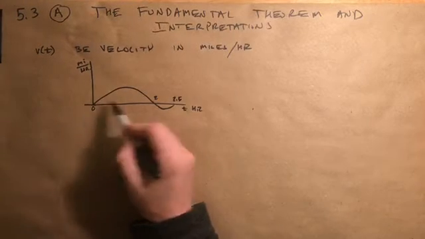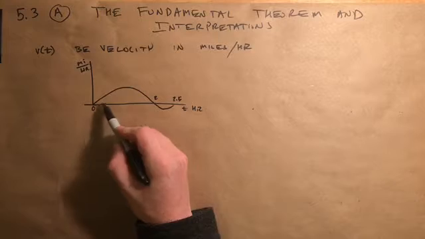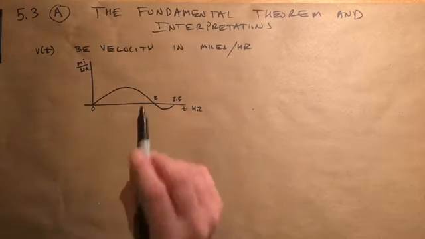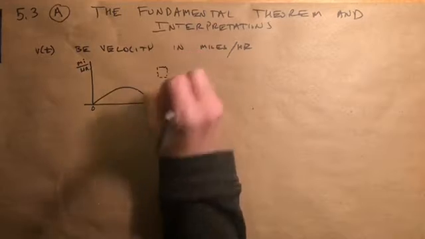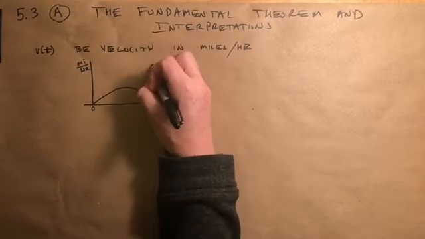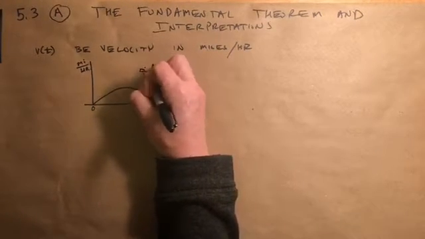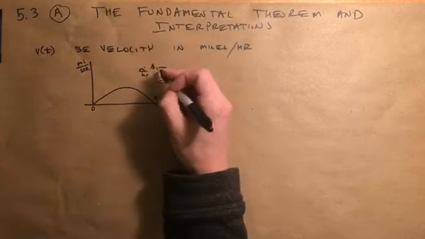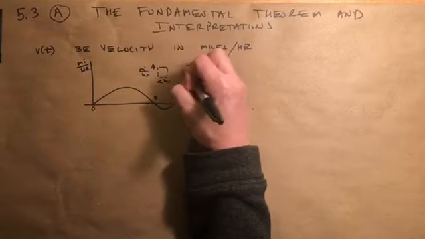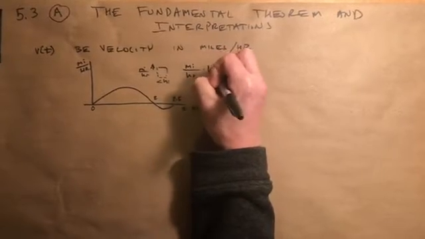Now, from 0 to 2, all of this area here, and I just want to remind us that any area on this graph, the height is going to be in miles per hour. The width is going to be in hours. And so by multiplying those together, we'll have miles per hour times hours.